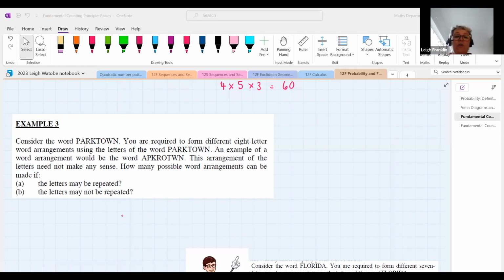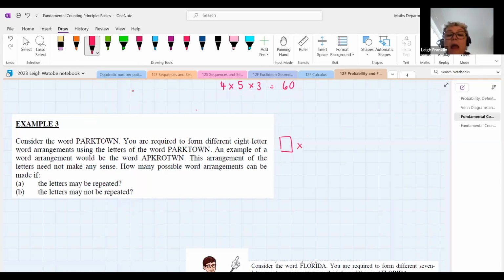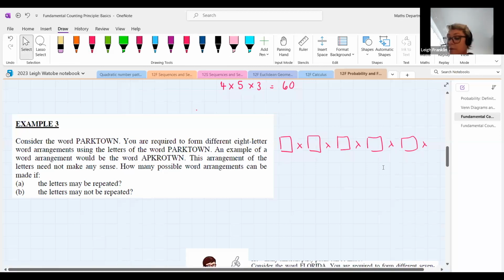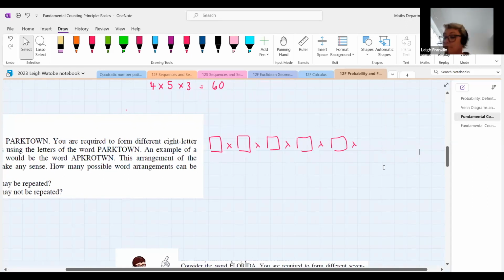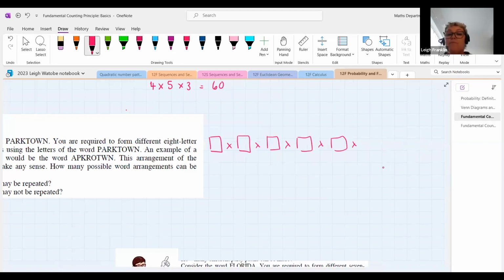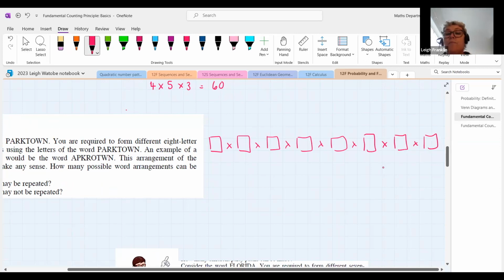So a good way for you to think about a question like this is to consider filling blocks. So there are 8 blocks that we can fill. So let's just get our 8 blocks on the screen. We're going to have to scooch over a little bit. We're filling 1, 2, 3, 4, 5, 6, 7, 8 blocks.